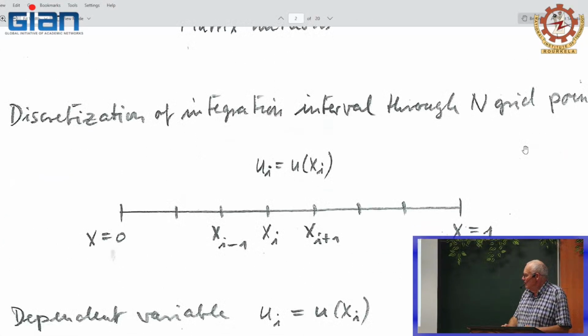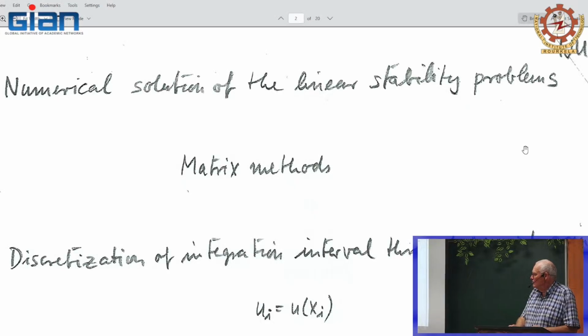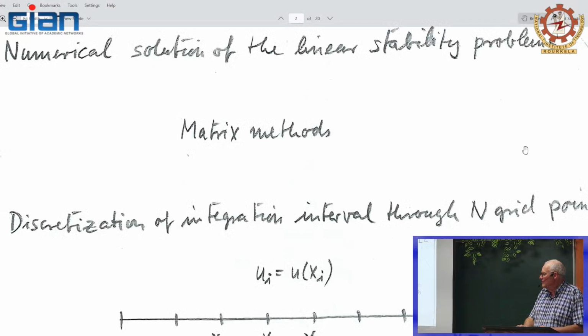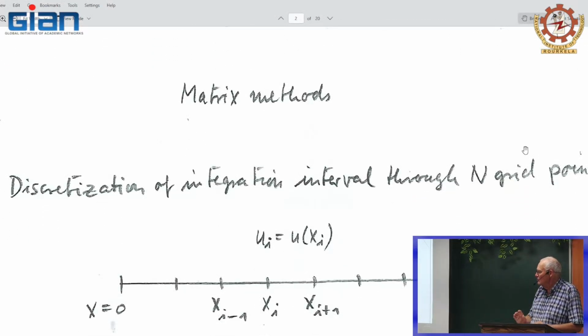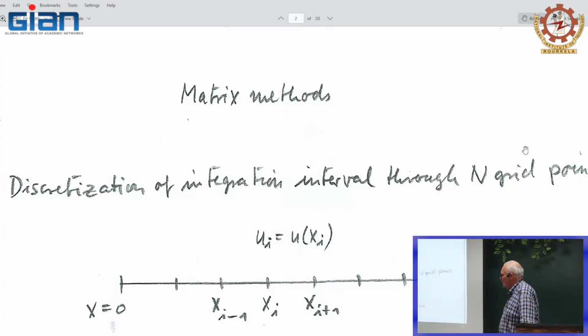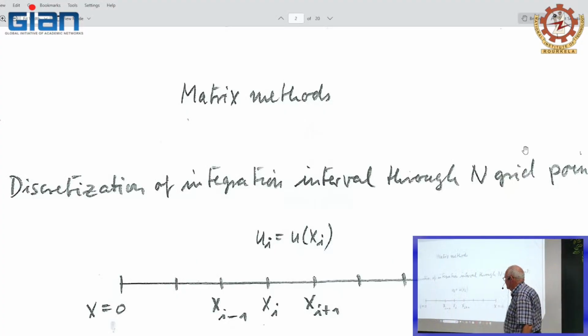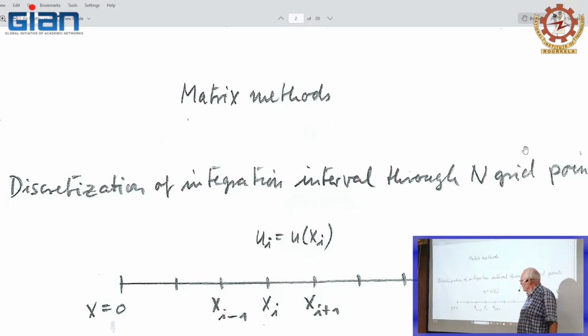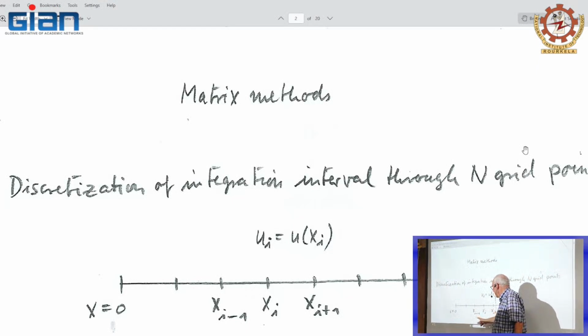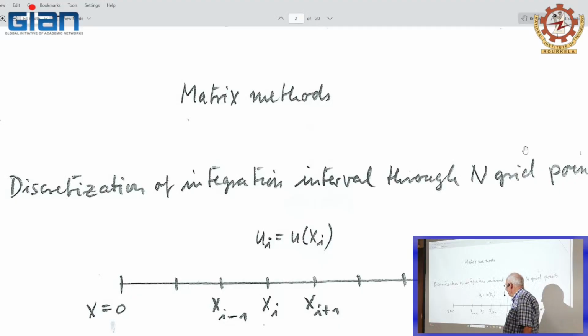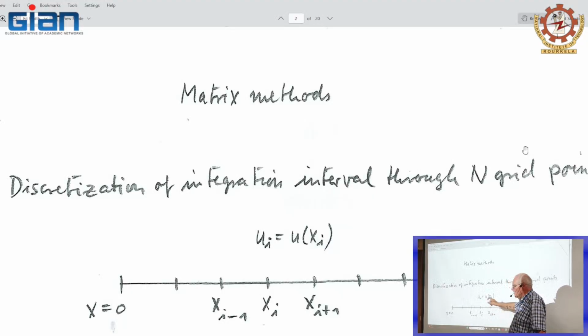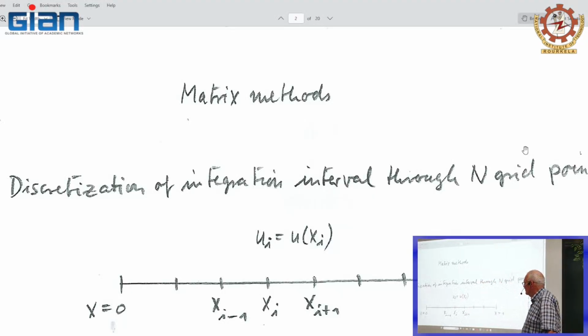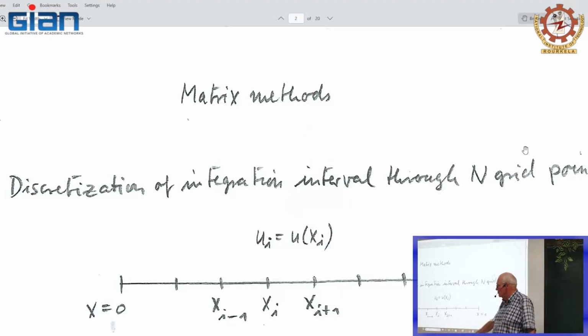The first and the oldest methods are matrix methods. Matrix methods work as follows. We split our integration interval into n points xi. Here I have taken out 3 points, xi minus 1, xi and xi plus 1, and our dependent variables are defined on these grid points.